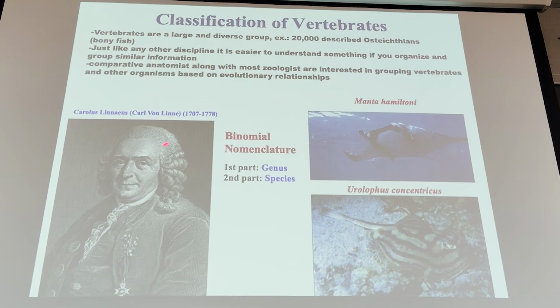That's what this guy came up with, and he started naming organisms a long time ago. The two-part name is the genus and species name, okay? These two are always italicized, and the genus is always capitalized and the species name is always lowercase.